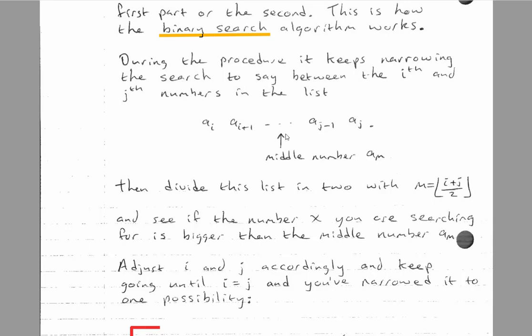So we're getting the middle index. We can't just take the average, we need an integer, so use the floor function to get an integer.